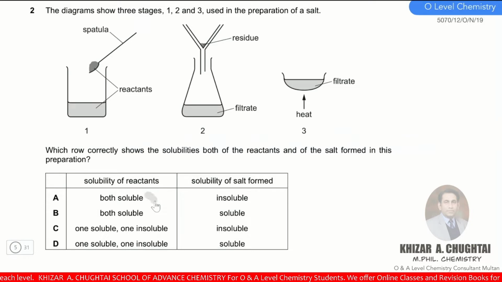No. Both are not soluble, it's wrong. One is soluble, the other is insoluble. So one soluble, one insoluble, these are the 2 possible correct options. And what about the salt that is being formed? The salt formed is soluble. The crystallization method is used for a soluble salt. So D is the correct option.